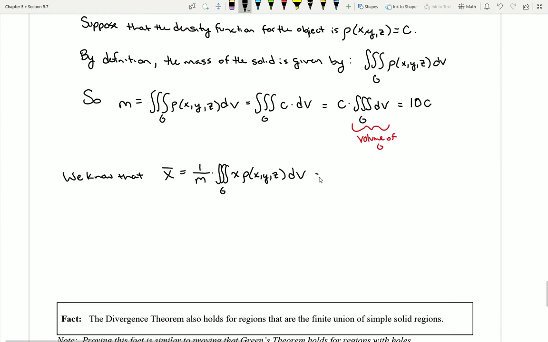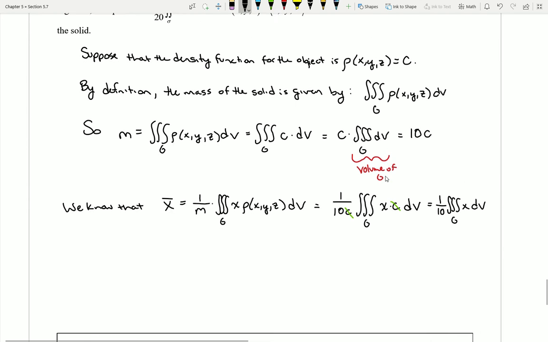Well, first off, we know that the mass is 10c, so we can put 1 over 10c at the start. We know that our density is just c itself, so we can set up this. Of course, this means here that we can go ahead and cancel out this value of c that's going to be in the top and the bottom of the resulting fraction. And so we're ultimately just going to have 1/10 times a triple integral over G of x dV.